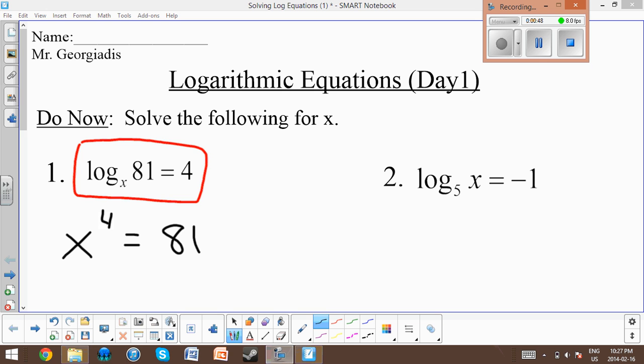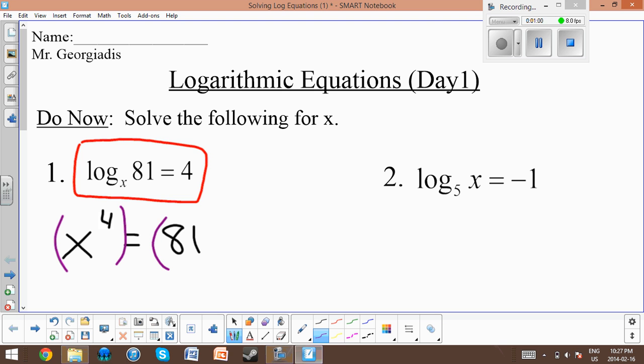When we have a variable to the fourth power, to eliminate that 4, we would have to raise both sides of the equation to the reciprocal of the exponent, the 4. And as we know, 4 is really 4 over 1, so we're raising both sides of the equation to the 1 over 4th power.